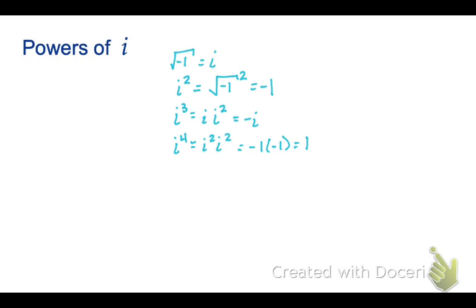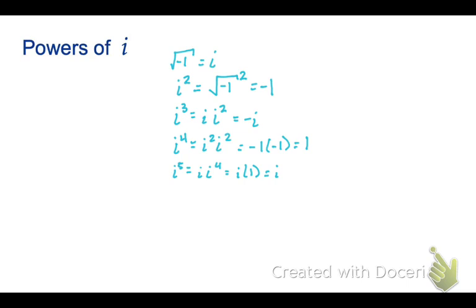Yeah? So i to the fifth, how would we break that down? i times i to the fourth. And so it'd be i times 1, which would be just what? i. Is this pattern going to repeat itself? Probably, definitely, for sure.